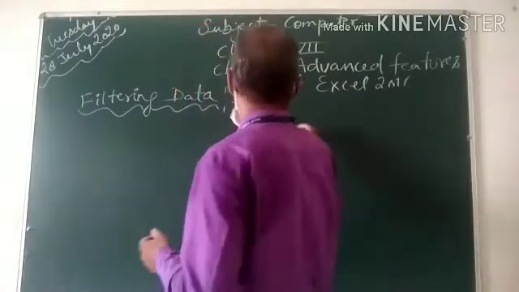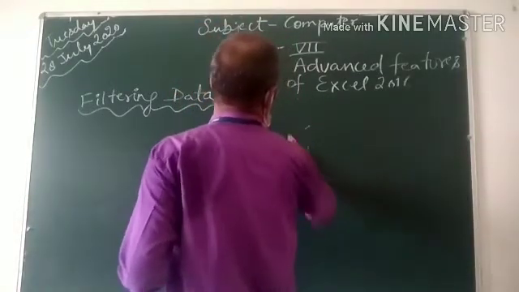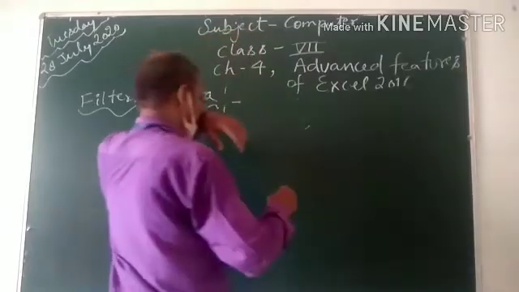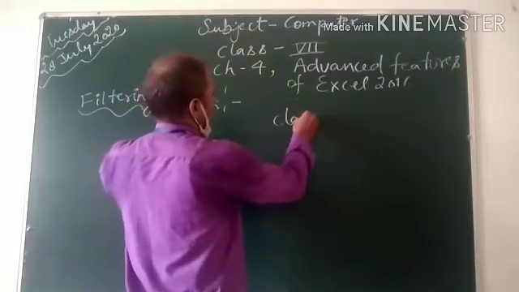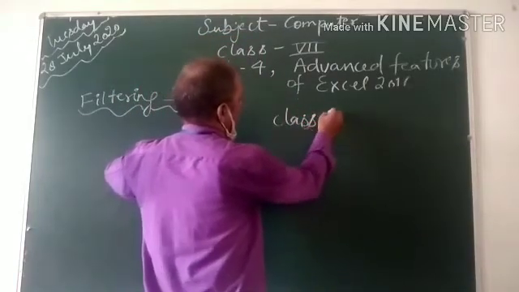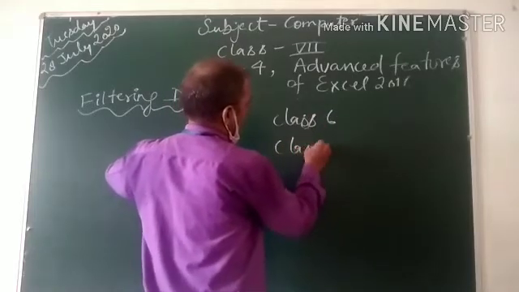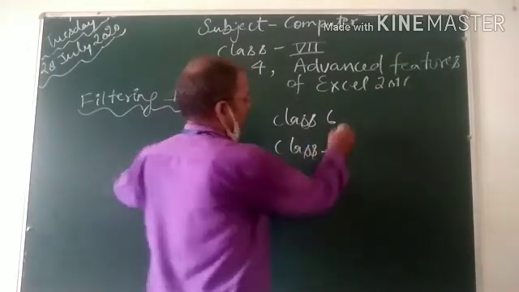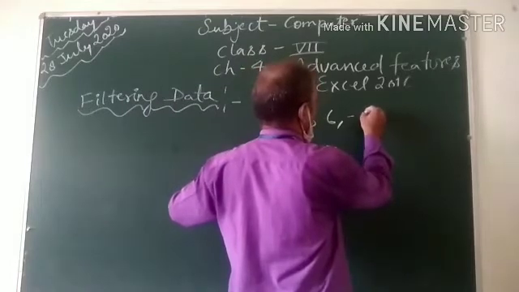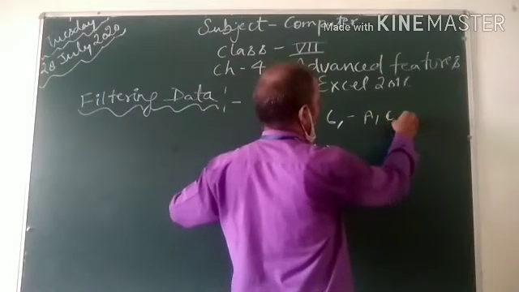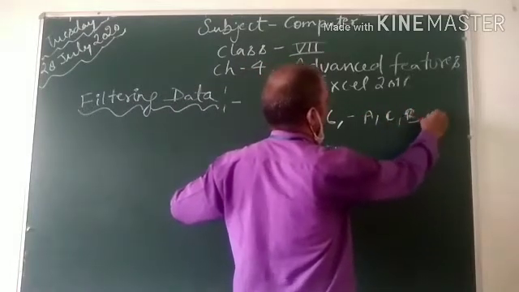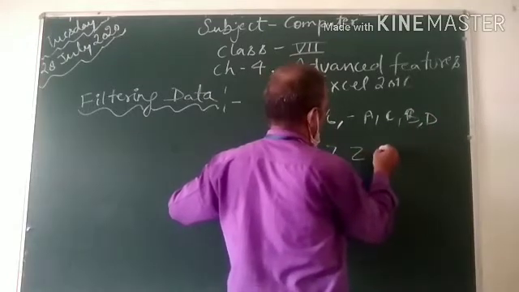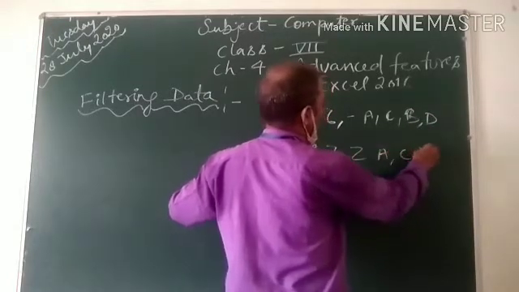Suppose there is a class 6, class 6 students here: A, C, B, D, Z, A, C. So many students.